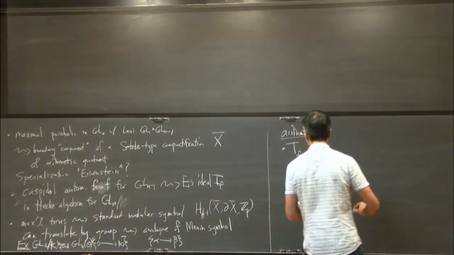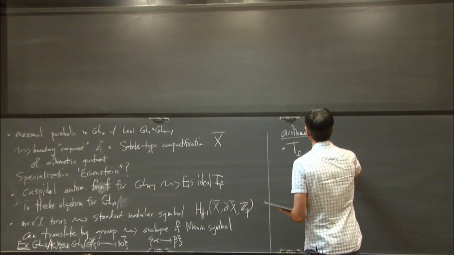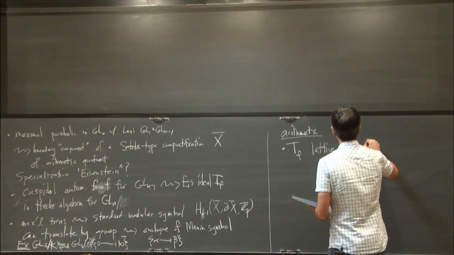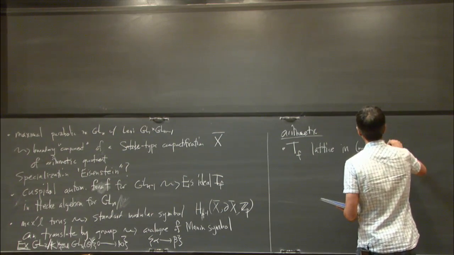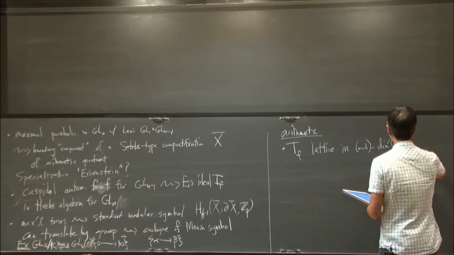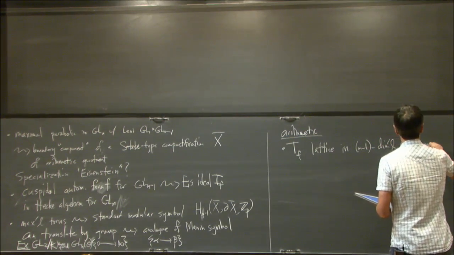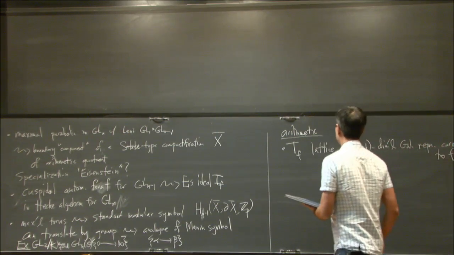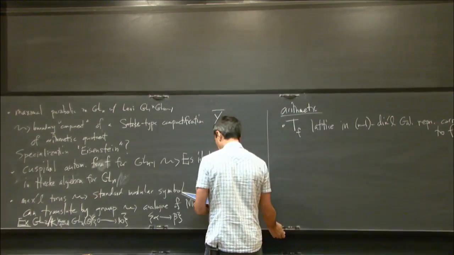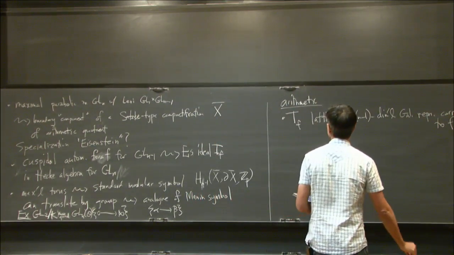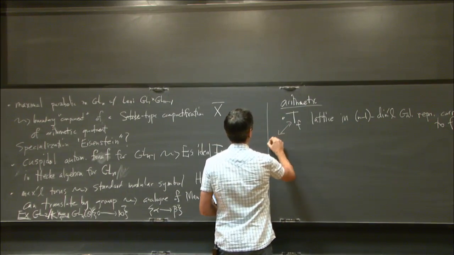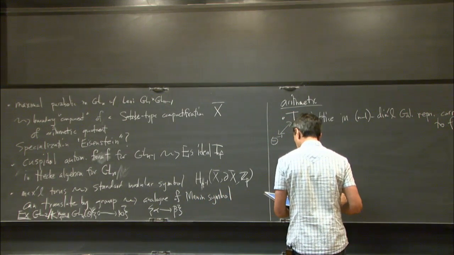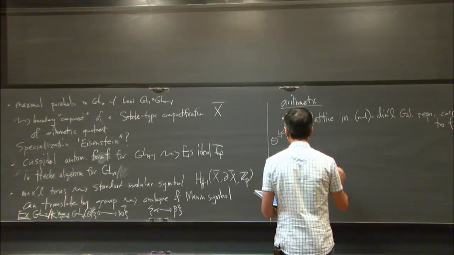So T_F is a lattice in the (n-1)-dimensional Galois representation corresponding to F. And this T_F, I think, in our previous notation is sort of like theta inverse.